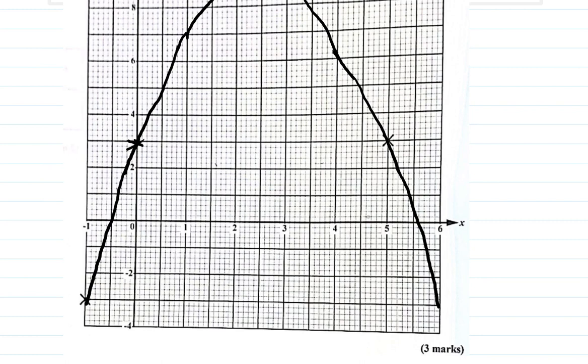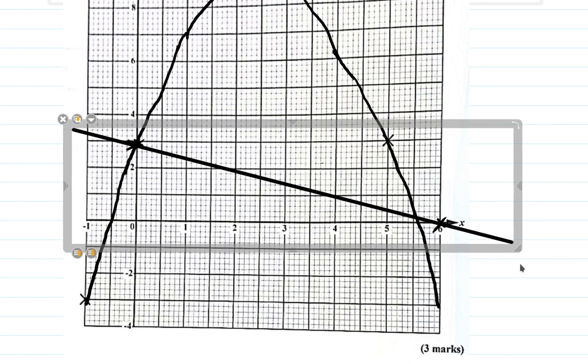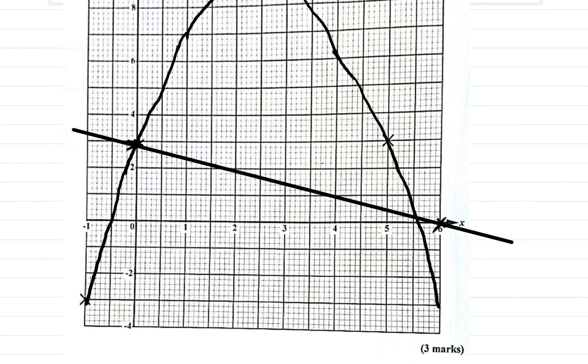Which would be where? Right here. And then you must draw that line. Alright? So this is the line that we have. Good. And you label the graph and label the line as well.